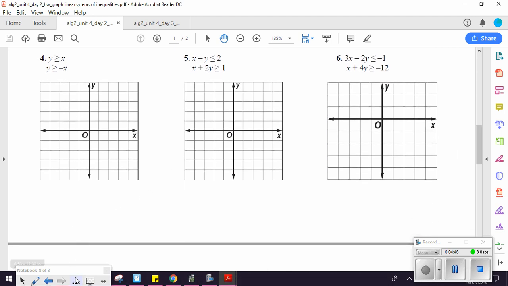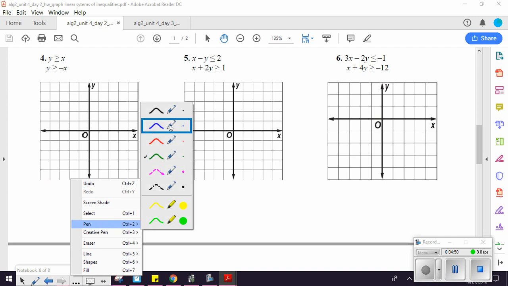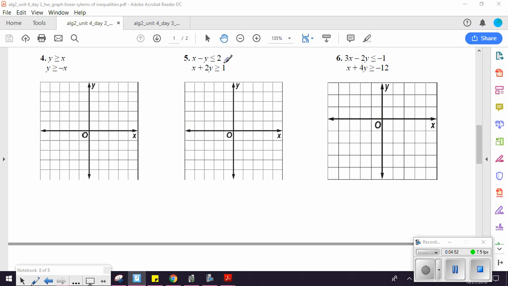All right, for number 5, I need to solve for y to graph the inequalities. To cancel x out, I would have to subtract it to the other side. Then I would divide everything by -1, which would leave me with y is greater than or equal to. The sign changes when you divide by a negative.